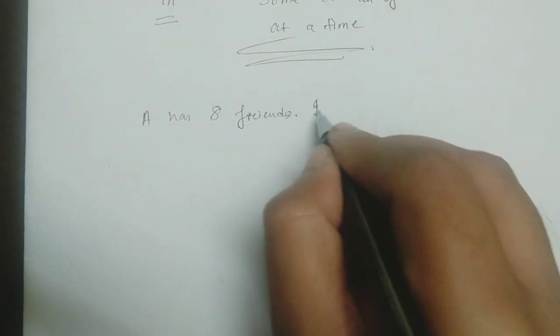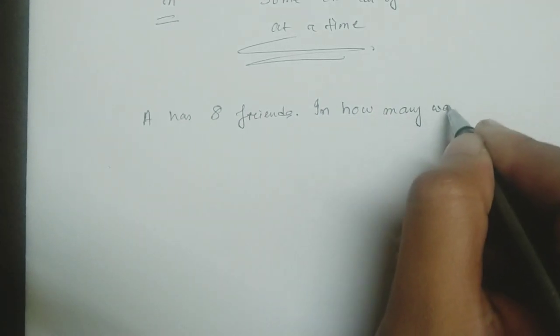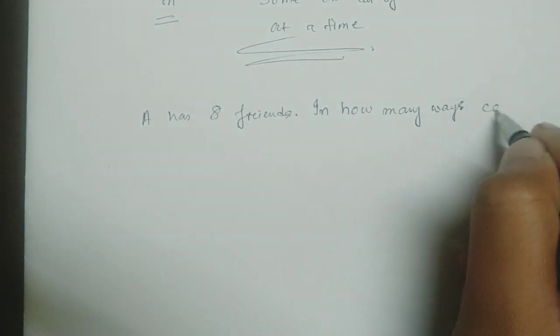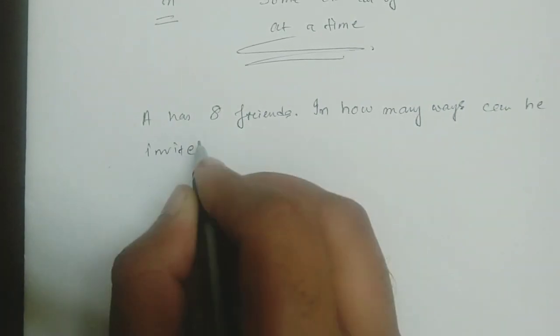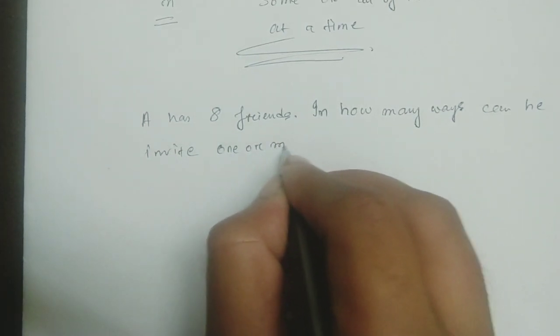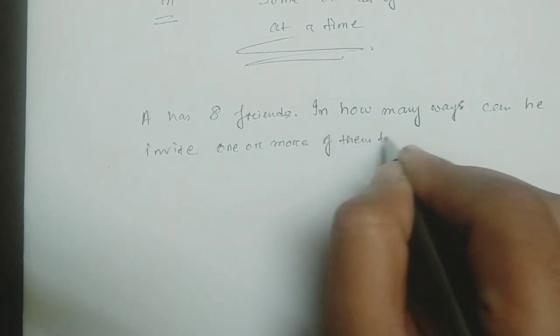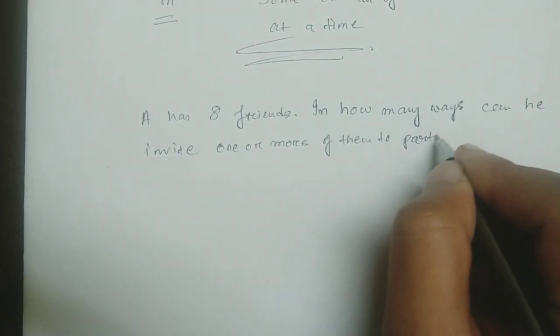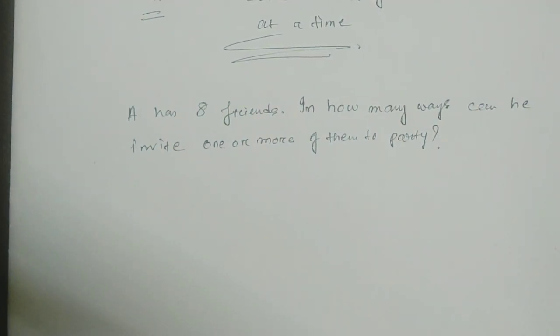So in how many ways can he invite one or more of them to a party? Okay, A is someone who has 8 friends. In how many ways can he invite one or more of them to a party?